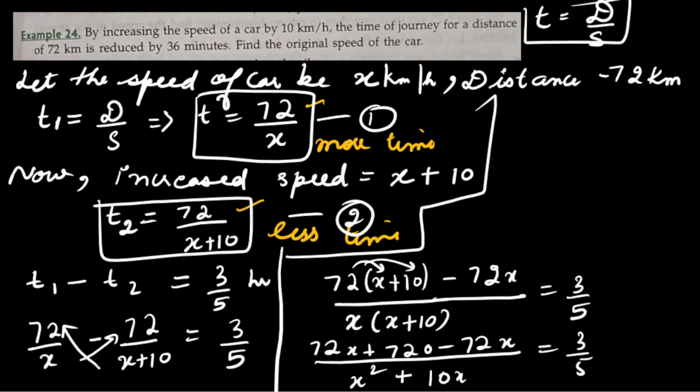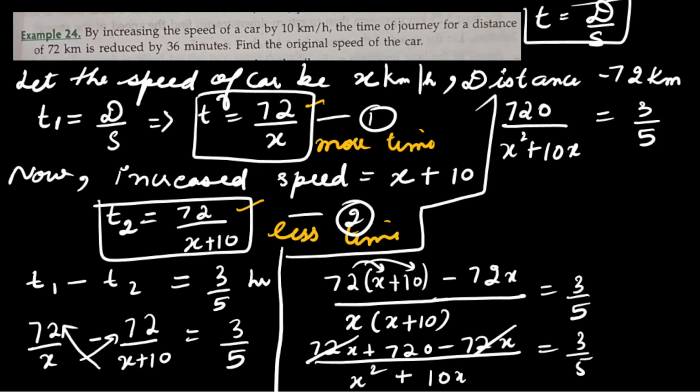Now these two will always get cancelled. Plus and minus will get cancelled: 72x minus 72x gets cancelled. So what I am left with is 720 by x square plus 10x is equal to 3 by 5.